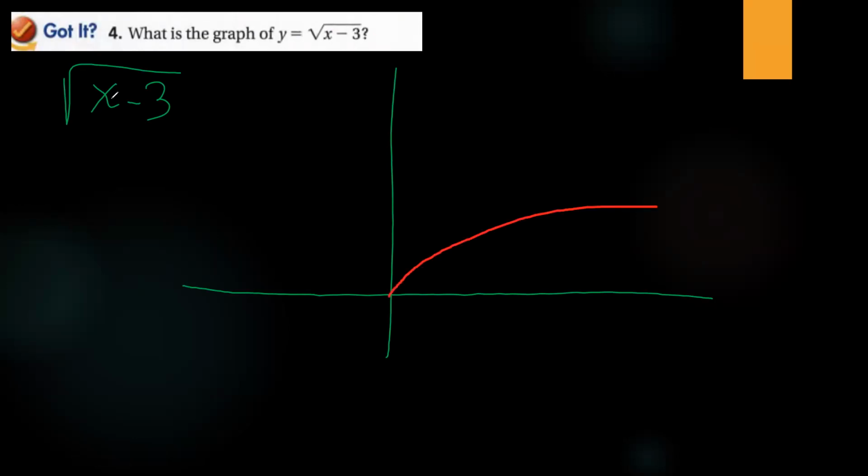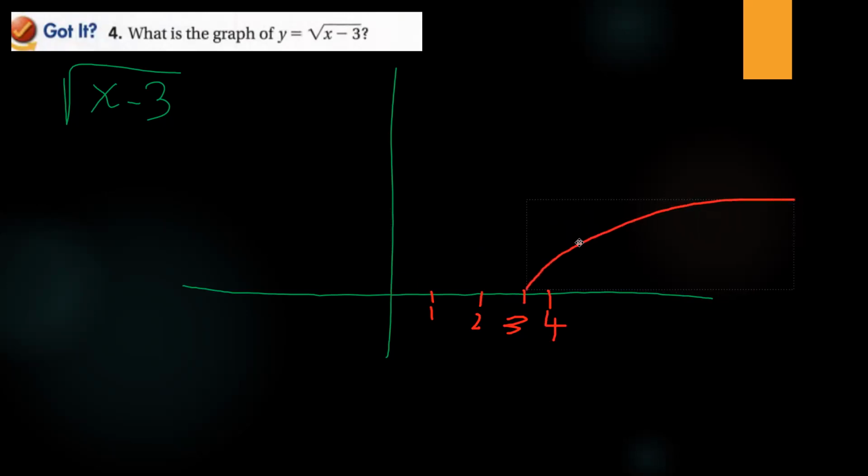Then, since I have minus h, I have to shift it to the right. So we have 1, 2, 3, and 4. Let's now shift it 3 units to the right. That means I have to start from here.